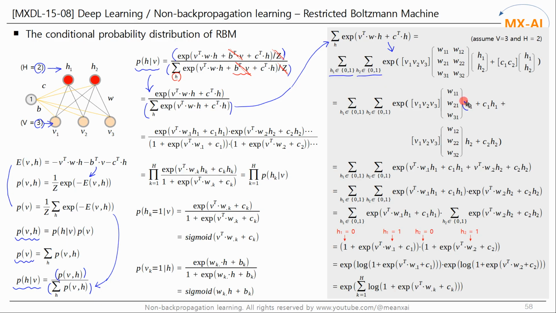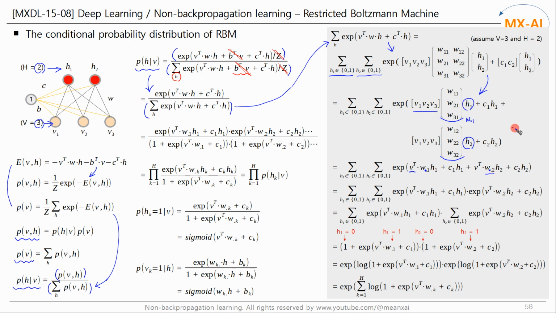If we separate H1 and H2 from this equation, we get the following expression. This vector V1, V2, V3 is V^T, and this vector is the first column vector of the weight matrix. Let's denote this as W.1. This is the second column vector of the weight matrix, denoted as W.2.